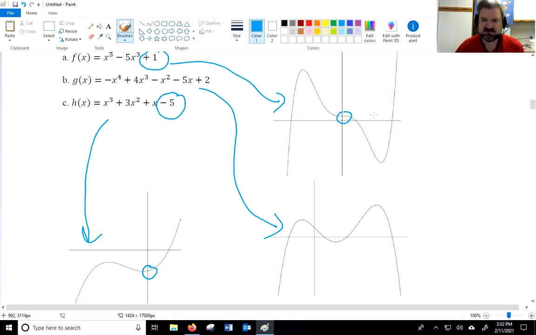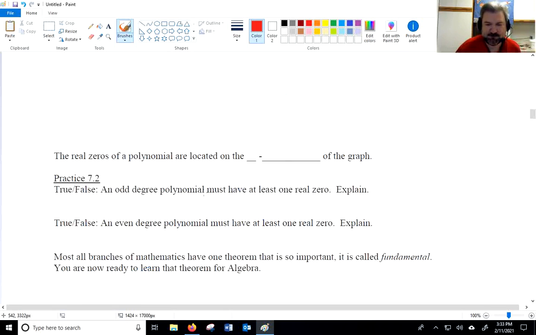Another issue, though, is that while this could have been an x to the fifth graph, this can't be x cubed because an x cubed can't have more than 2 turning points. 1, 2, 3. But I didn't want to talk about that issue today, but I did want you to think about using the y-intercept to help you.